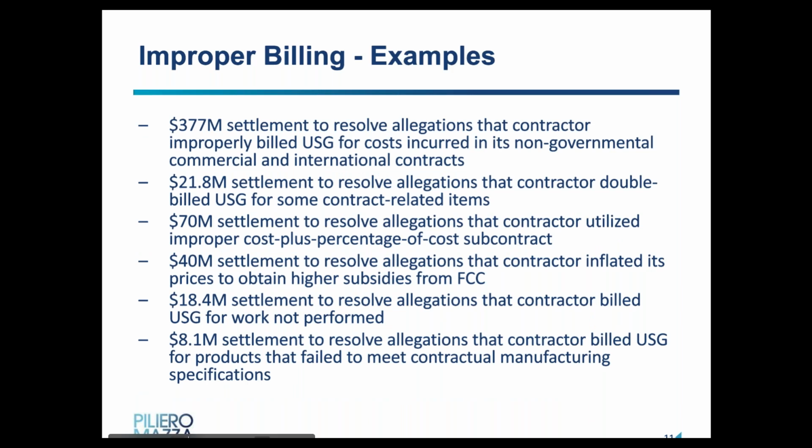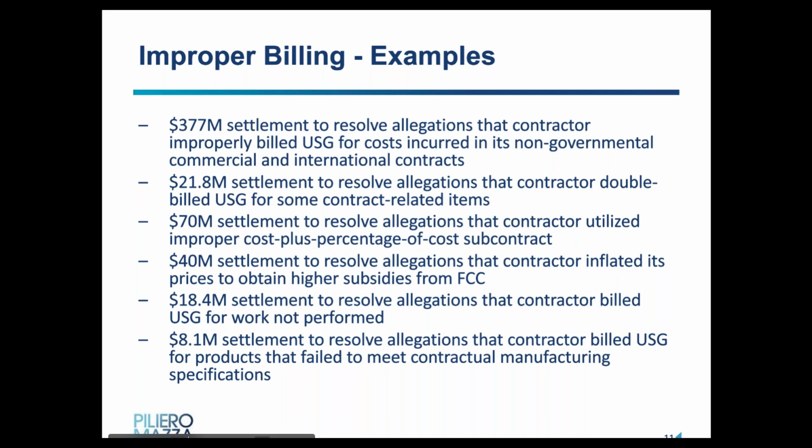So here we have listed some recent settlements that relate to improper billing. I'm not going to talk about all of these, but I do want to talk about a few of them. The first one here is a $377 million settlement, which is one of the larger procurement fraud settlements that DOJ has recovered.